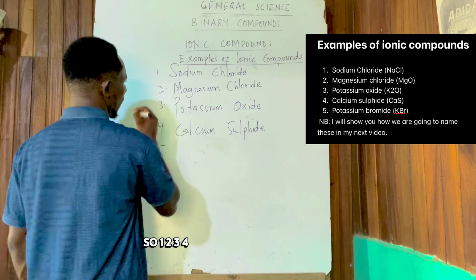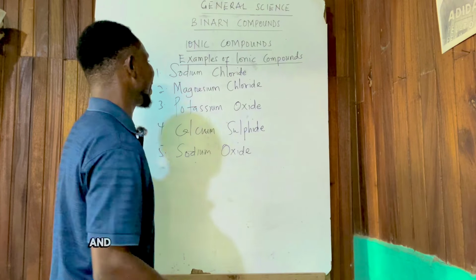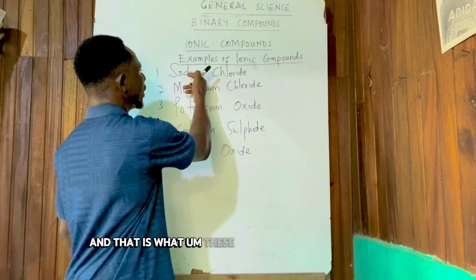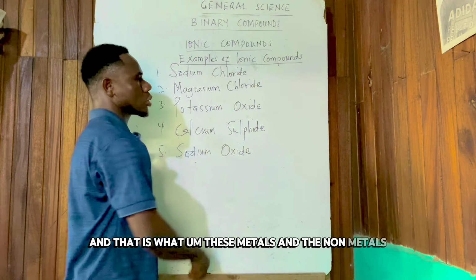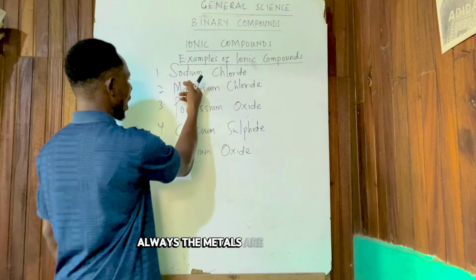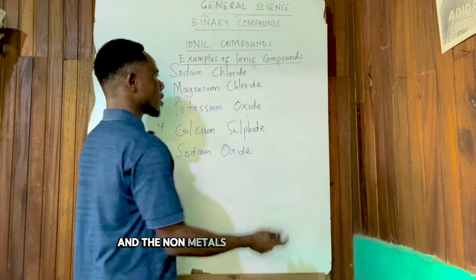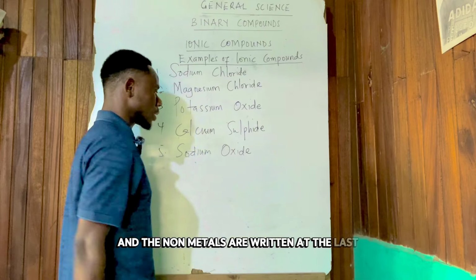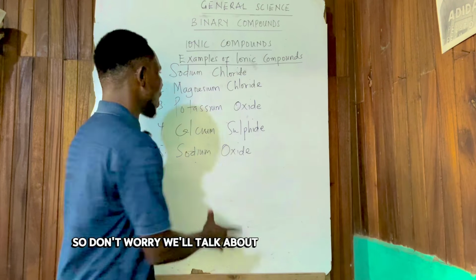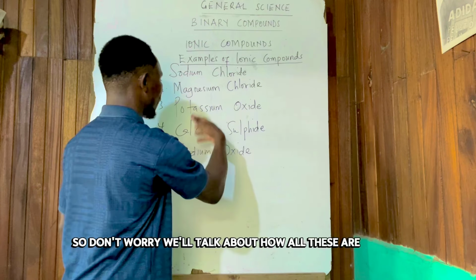We can also talk about sodium oxide. Ionic compounds are composed of two elements, the metals and the non-metals. Always the metals are written first and the non-metals are written last. So don't worry, we'll talk about how all these are formed.